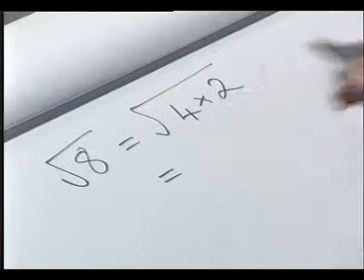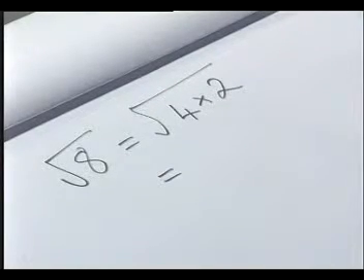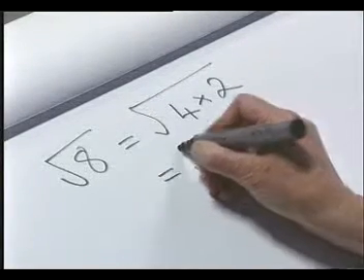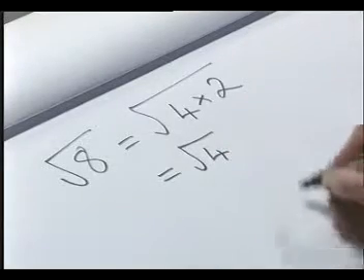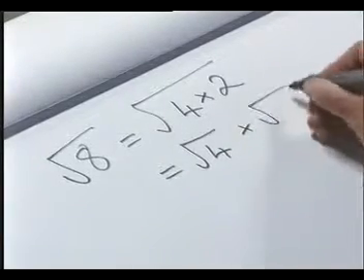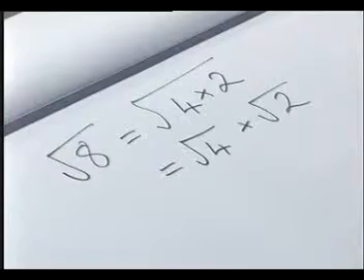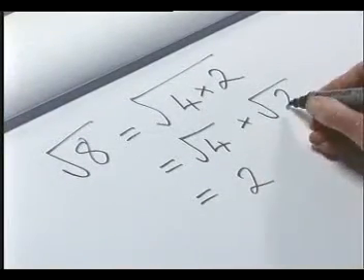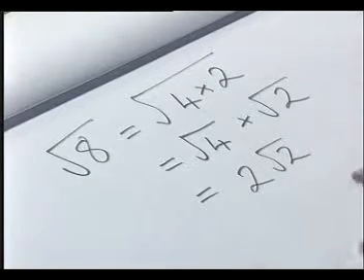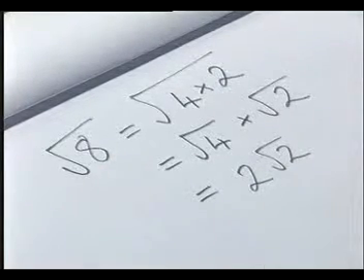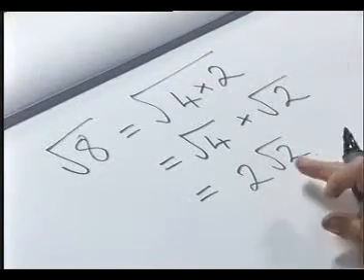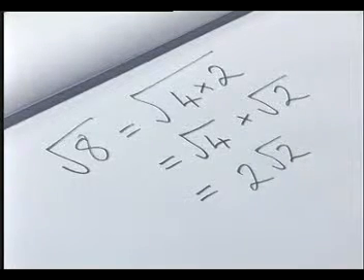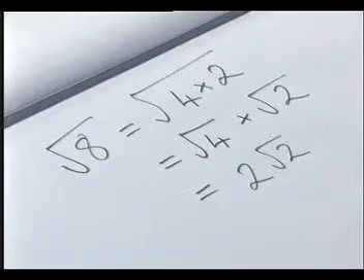Now, the square root of a product is the product of the square roots. So it's the square root of 4 times the square root of 2. We know the square root of 4 is 2, and this is root 2. So the square root of 8 can be written more simply as 2 square root of 2, or 2 root 2 in shorthand.